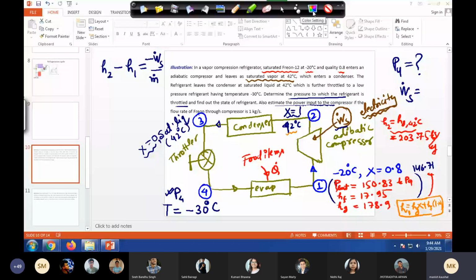Or if you want to say power input, you can remove this minus. Okay. Ws dot will come negative, but since in the question it has been asked to estimate the power input, from your point of view, this much positive power you have to provide.